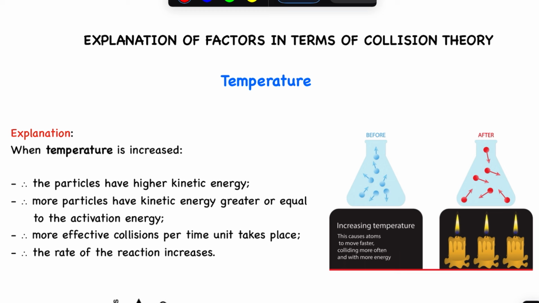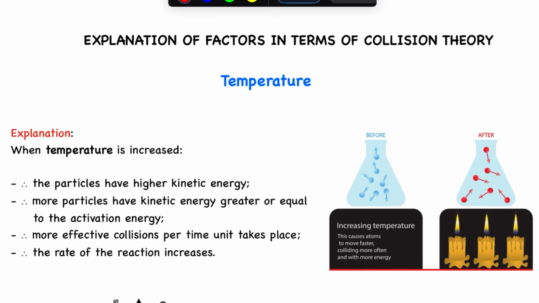Now, let's go to the most important part in this topic: explaining the factors in terms of collision theory. When temperature is increased in a reaction, we know of course the rate of reaction is going to increase, as I've mentioned earlier. But in terms of explaining according to collision theory, you have to state what is happening and put the important points in bullet form.